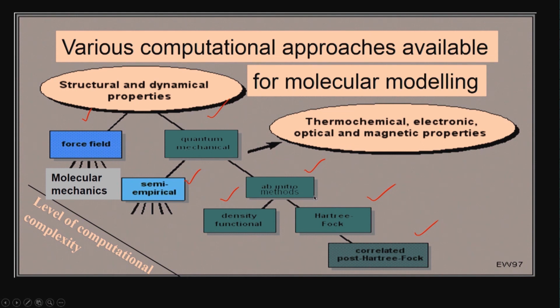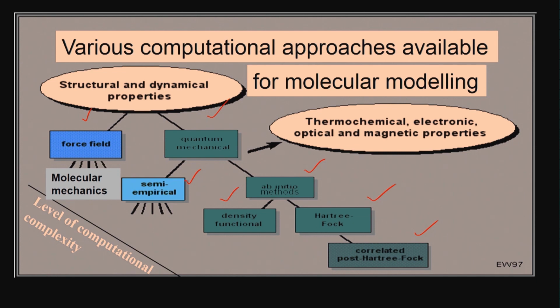So depending upon the amount of data you want and the size of the molecule, we decide what type of approach to use. But if you are interested in bond formation, bond breaking, or electronic energy, we can't do it by the force field approach. We have to do it by the quantum mechanics approach.